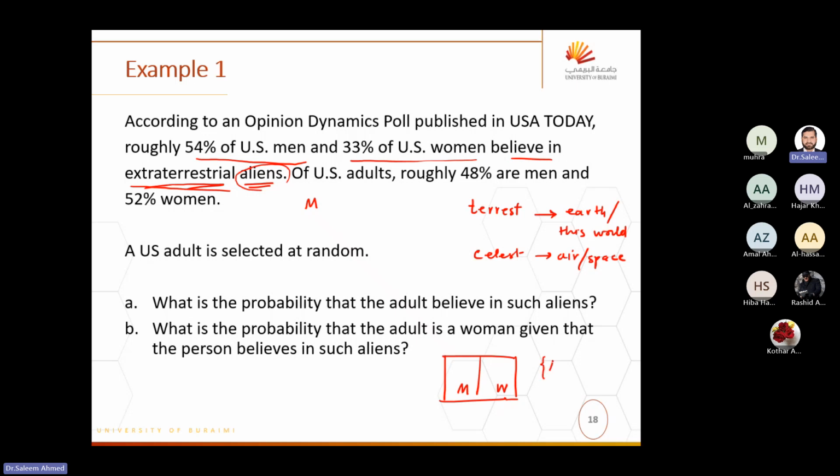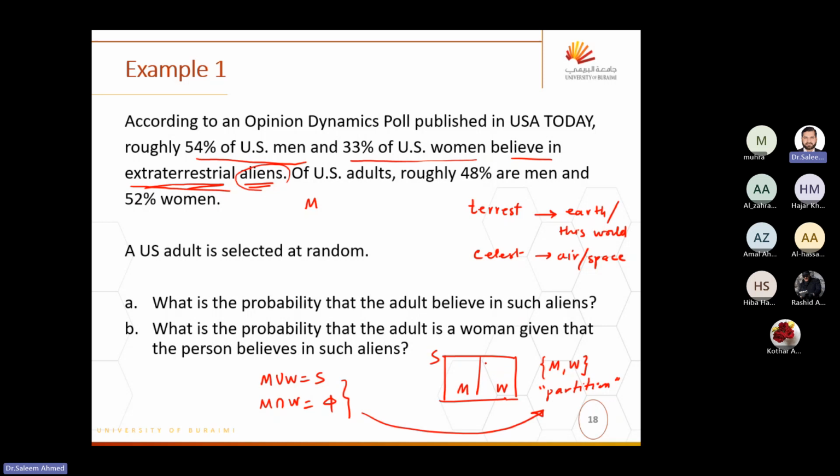So this set is my A1 and A2. This gives me the partition because there is no point in common. If someone is a man, he will not be a woman. If someone is a woman, he will not be a man. So M union W gives me the complete sample space. And if I take the intersection, it's empty, right? So this means it is a partition, right?